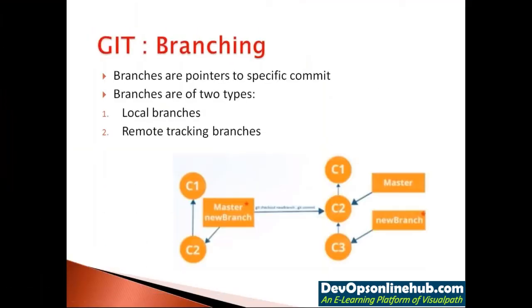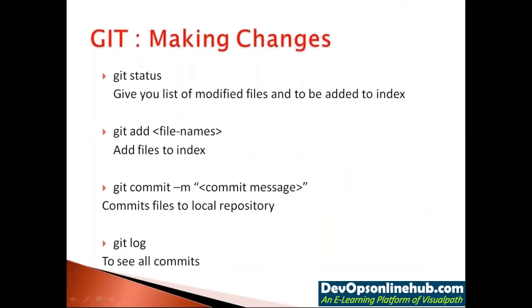The commit command we use for git is git commit -m, and in double quotes give the commit message. What does this commit message do? It is used to refer to our commit, and we can clearly identify our commit by using the commit message.